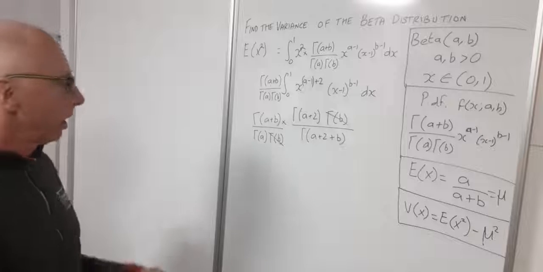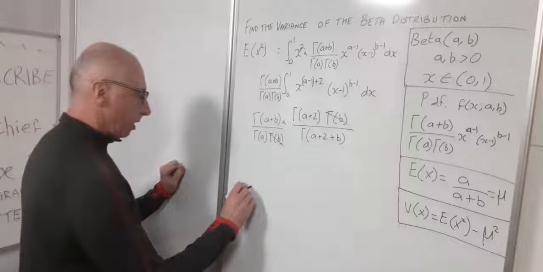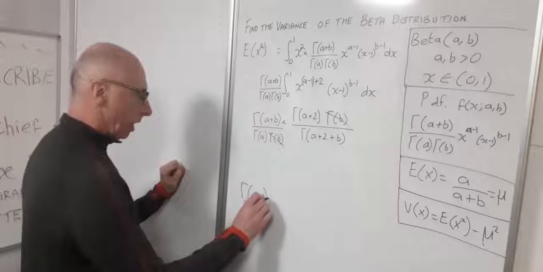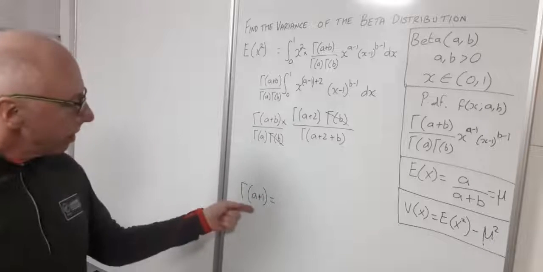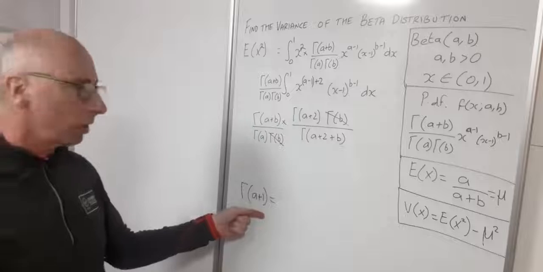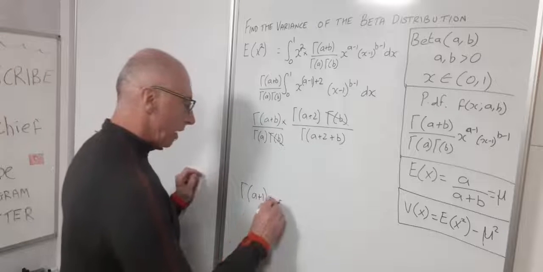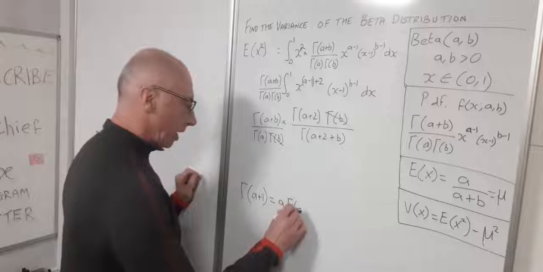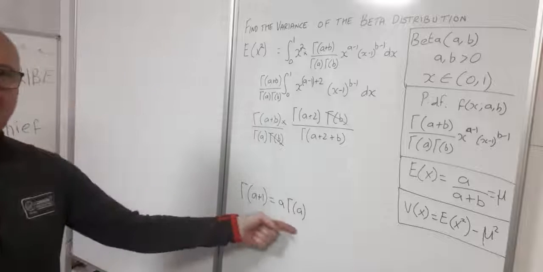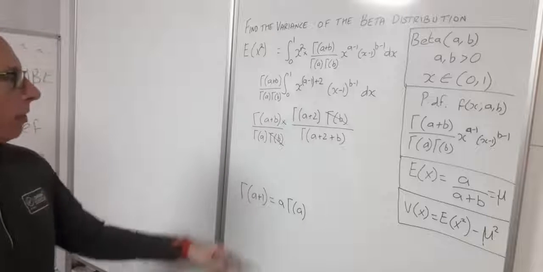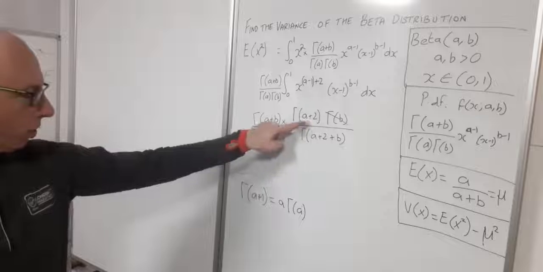So I know that gamma of A plus 1, by the fact that this is a factorial function, I can write that as A gamma A. That's how I can write that. So here I've got gamma A plus 2.